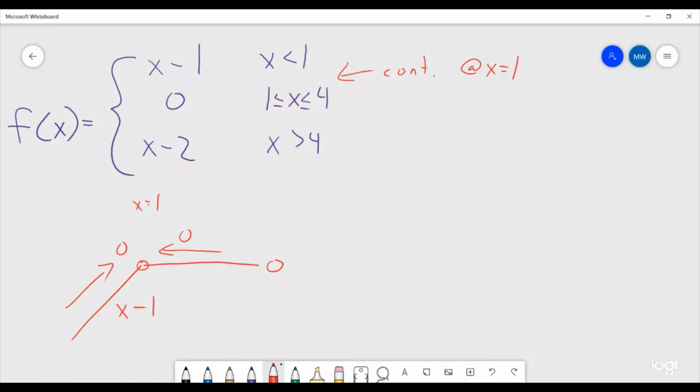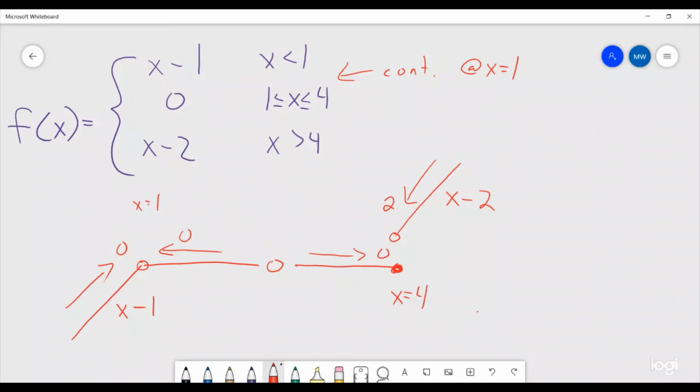The next question is if we have the same thing when we are dealing with x minus 2. So x minus 2 approaching x equals 4. From this side, that's going to the value of 2. But from this side, it's going to the value of 0. So what we get is we get a jump.